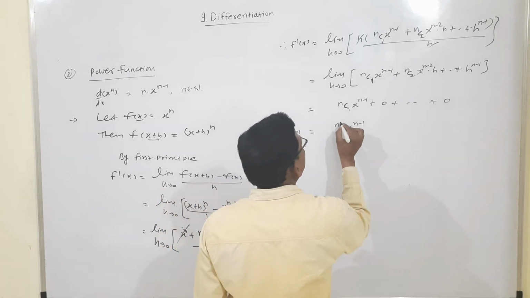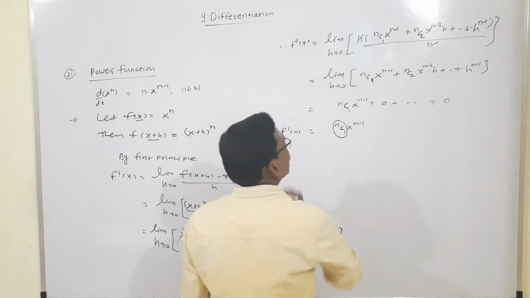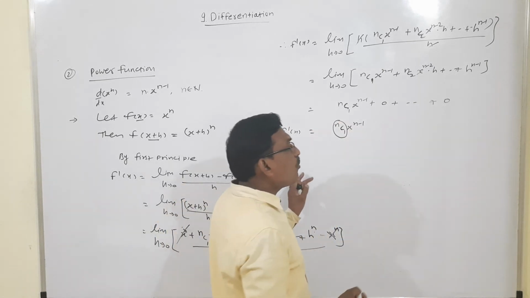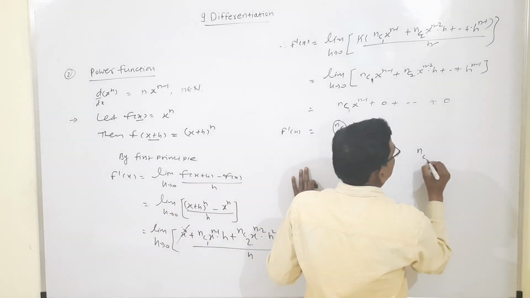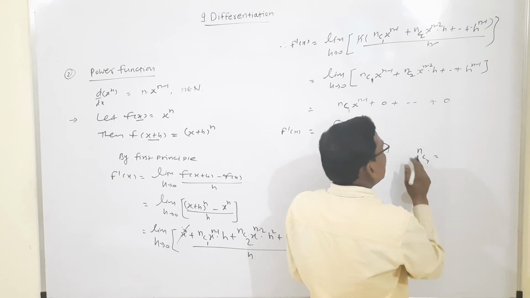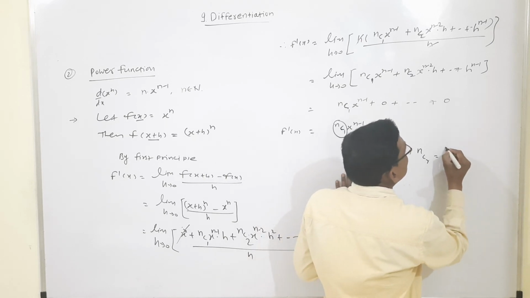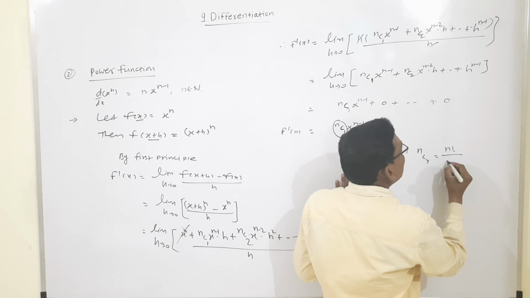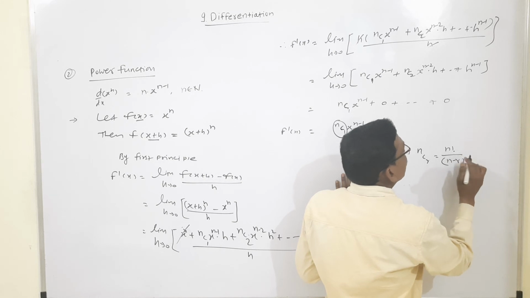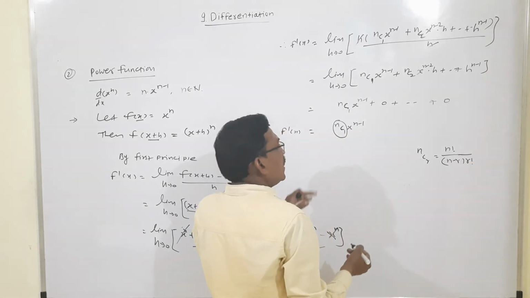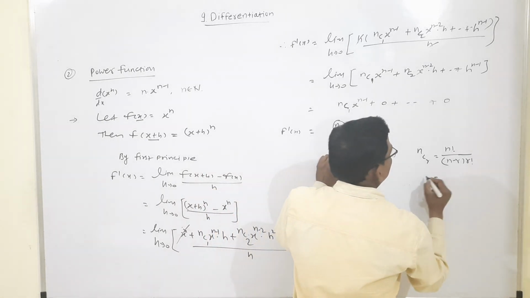Now we find the value of n combination of 1 by using the formula for nCr, n combination of r. It is n factorial divided by r factorial into n minus r factorial. So this is the formula.